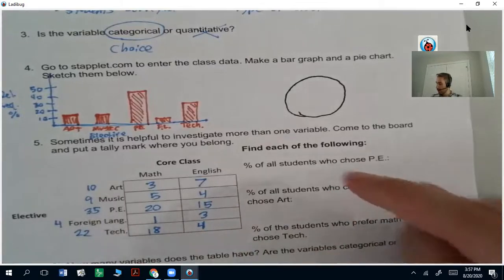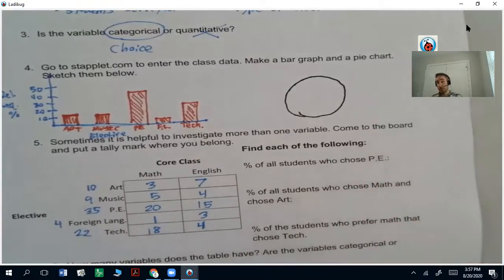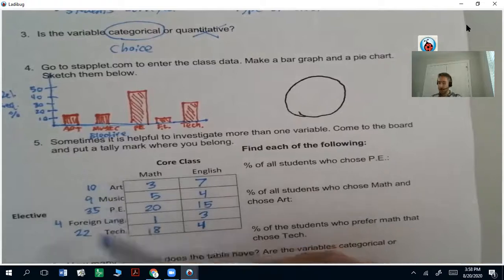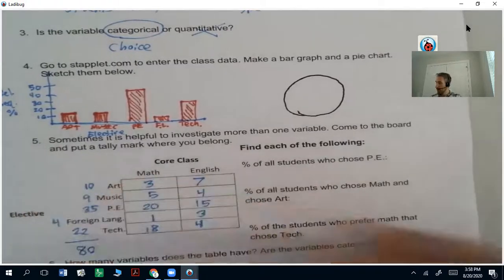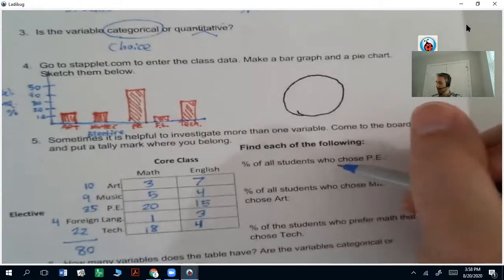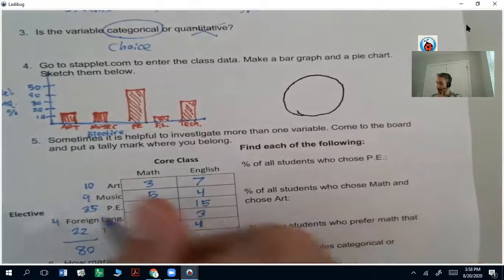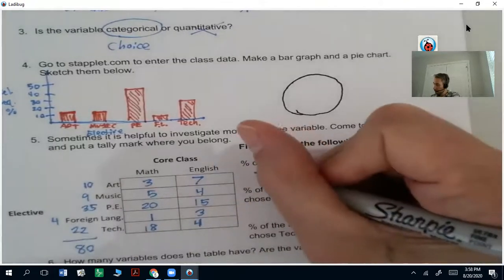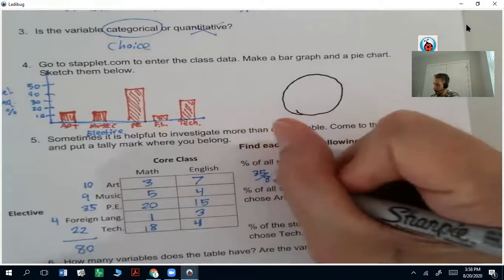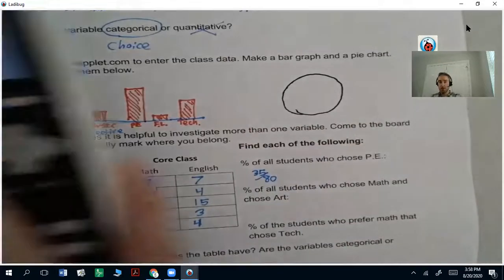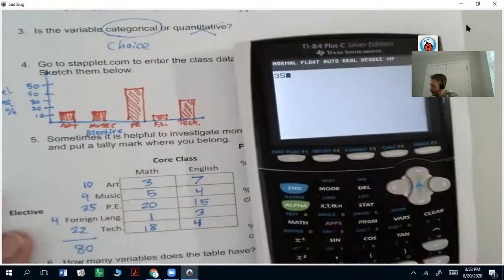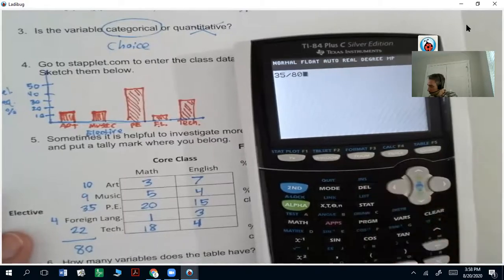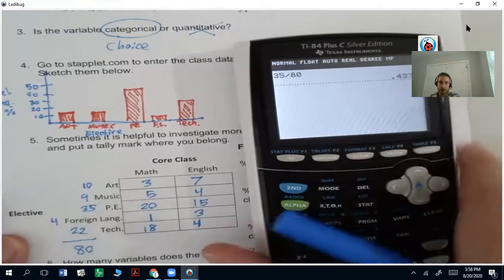If I want to know what percent of all students chose PE, well, first I'd have to know how many students there are. From the sum of these numbers, that total is going to be 80. So what percent of students chose PE? Well, that's 35 out of 80. Since it asks for a percent, you can do a little calculation here, 35 out of 80, and that's going to be 0.4375.